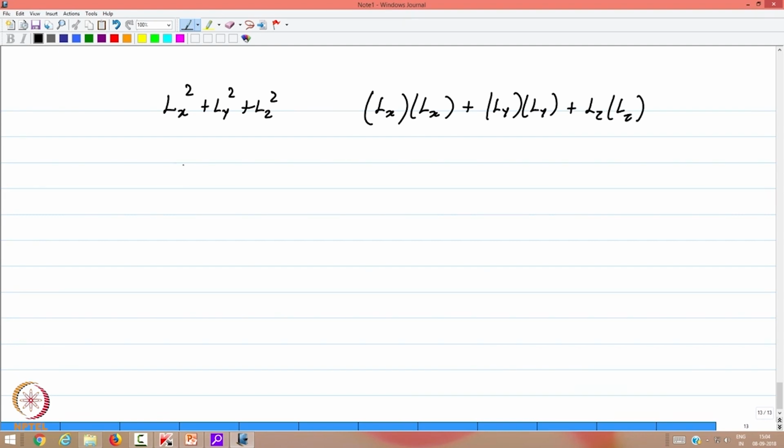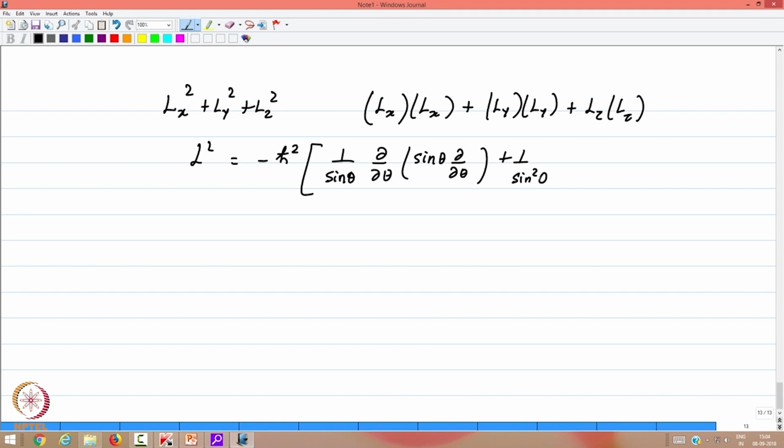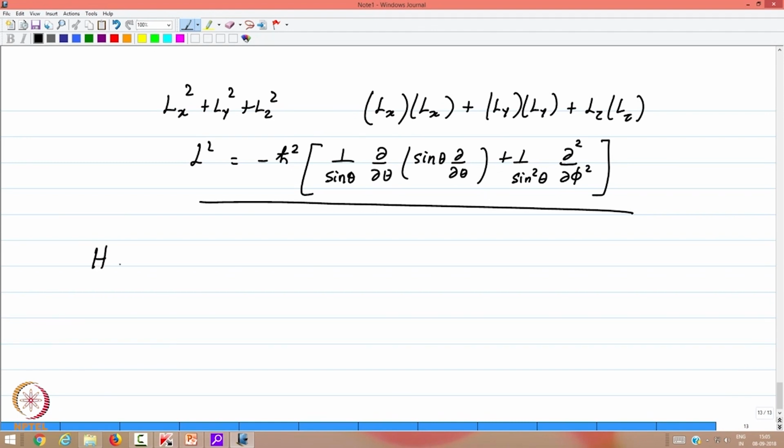And when you do that and add all these terms, which takes probably about half an hour to an hour, the answer that you get is L square equals minus h bar square into 1 by sin theta dou by dou theta times sin theta dou by dou theta plus 1 by sin square theta dou square by dou phi square. Okay. Now, this is not something new. This is exactly what you have as the angular part. Please remember the hydrogen atom Hamiltonian.